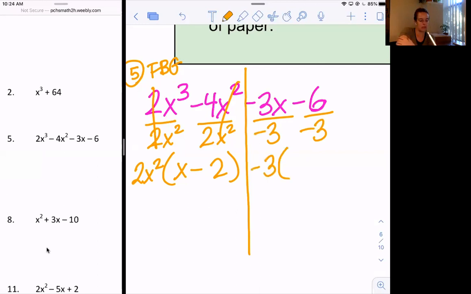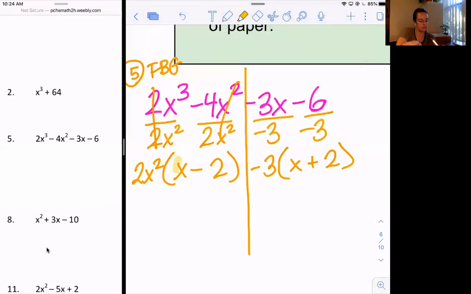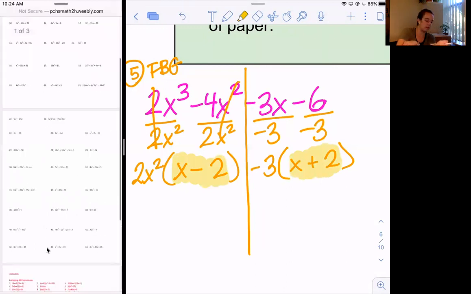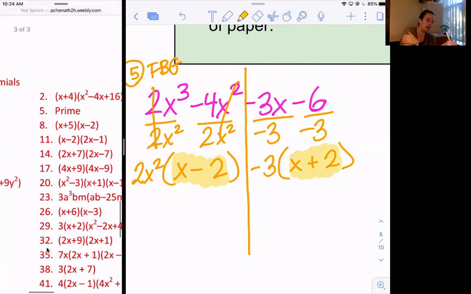So take out -3, and I would have x plus 2. That one's not going to work for me because I have x plus 2 in one of them and x minus 2 in the other. I'm going to quickly see if there's potentially a typo on number 5. Let's go to number 5. Oh, number 5 says prime.